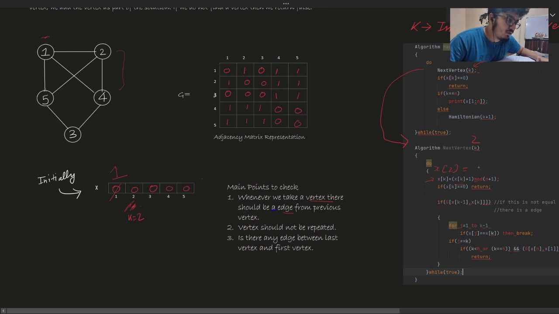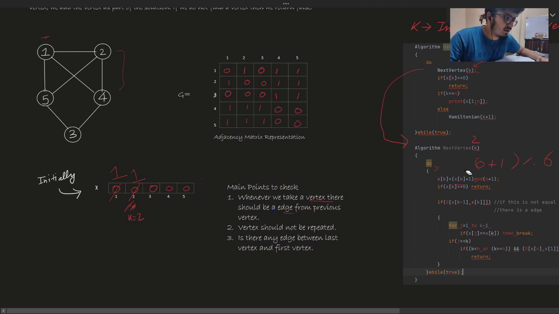So 0 plus 1 mod n, where n is 5, we have 5 vertices, so mod 6. So x of 2 we have replaced with 1. Okay.